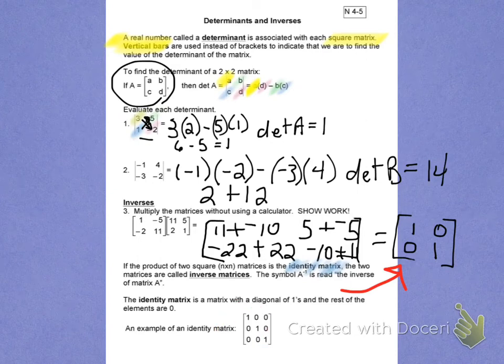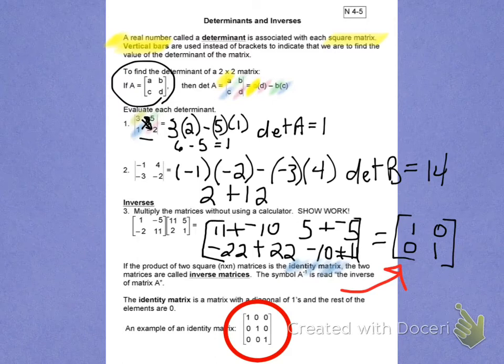Let me get rid of that and try a different one. Okay, start here maybe. There we go. That's a 3 by 3 identity matrix. Ones are on the diagonals, everything else is 0. And so that's important information to have when you're trying to find inverse matrices.